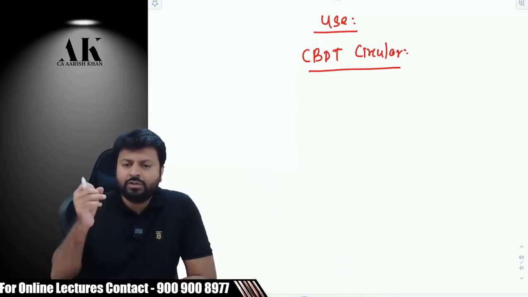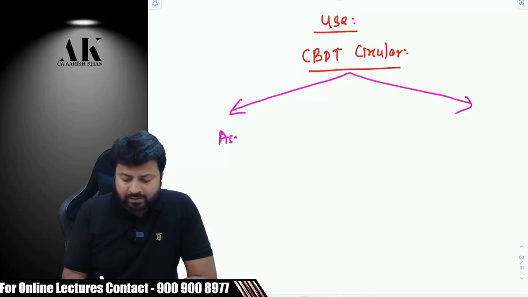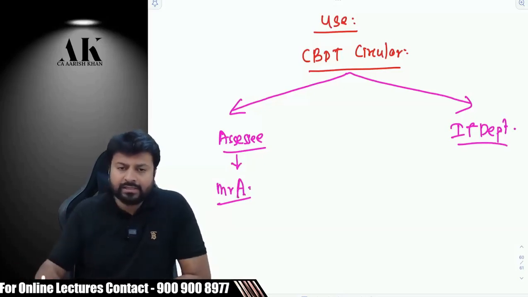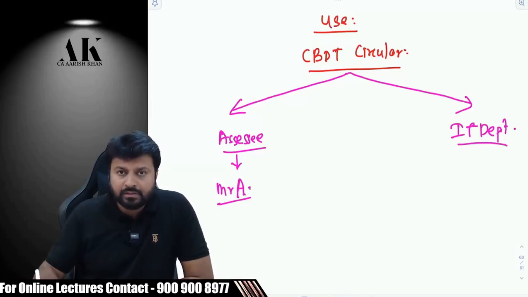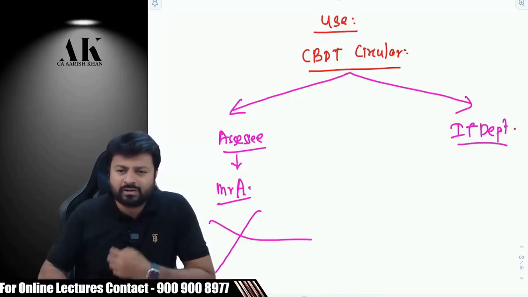CBDT has a power to issue circulars. We all know that. Now, suppose CBDT issues a circular, there is an assessee over here, there is an income tax department over here, there is an assessee over here, Mr. A. Now, can assessee say, listen carefully, it's a very important concept, can assessee say that I do not follow a CBDT circular? I don't want to follow a CBDT circular. Just a second.